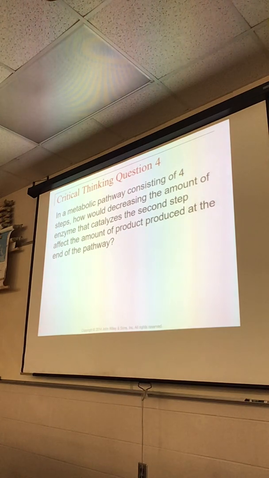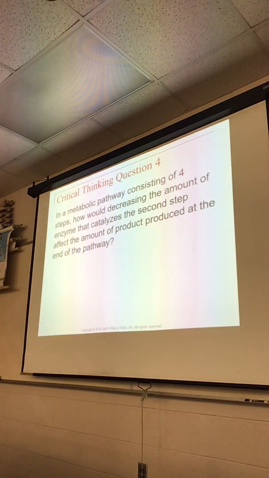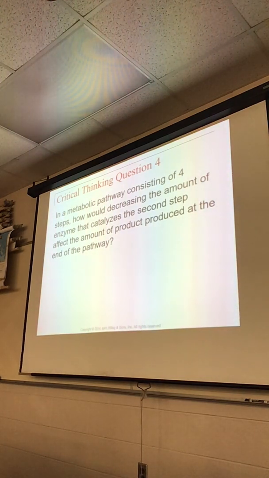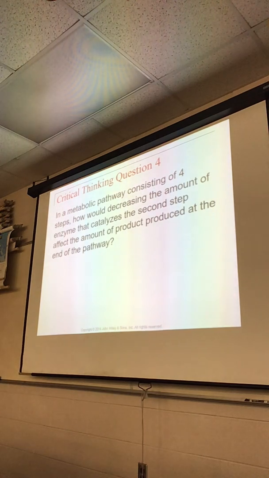You've got A, enzyme A transfers something into B, enzyme B transfers something into C, enzyme C transfers something into D, etc. Okay? So in a pathway consisting of 4 steps, how would decreasing the amount of enzyme that catalyzes the second step, so this one, affect the end product?